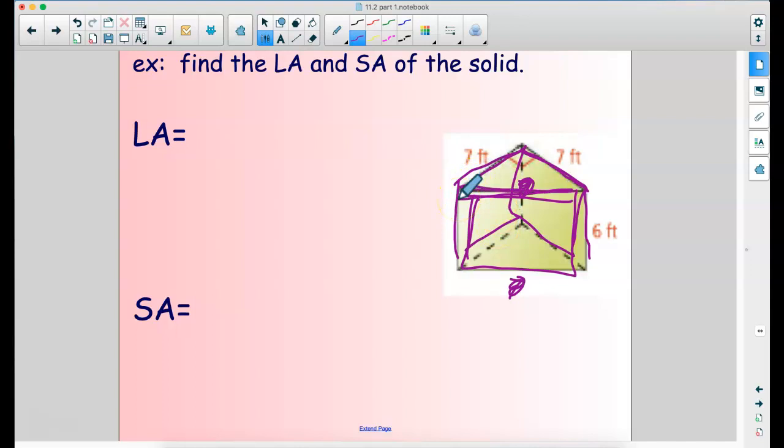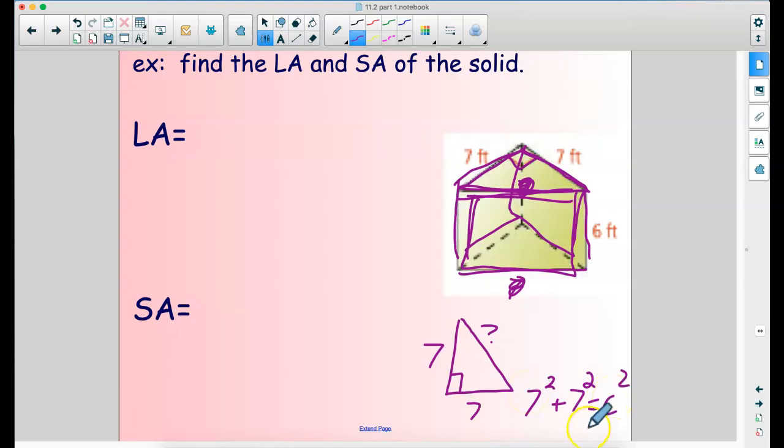But to find that side and that side, we have to deal with this right angle. So that's the top right there, 7 and 7, and we're trying to find this. So 7 squared plus 7 squared, a squared plus b squared equals c squared. So c squared equals 98.